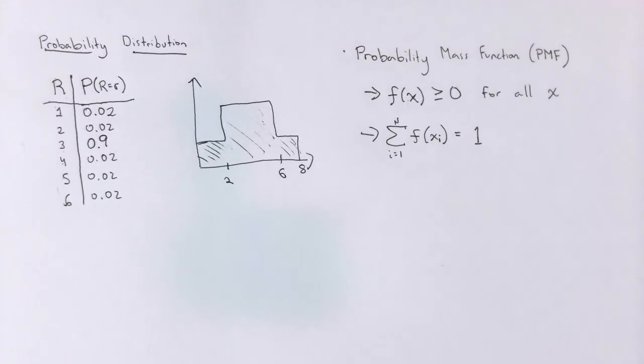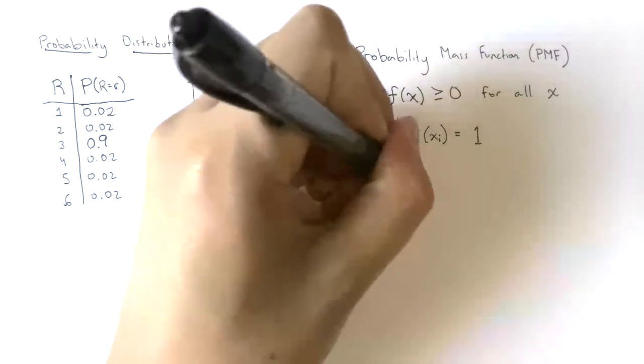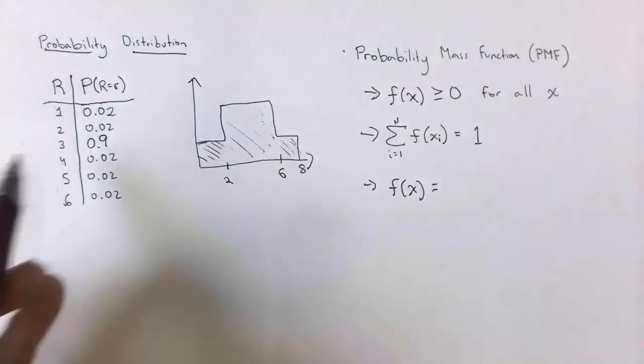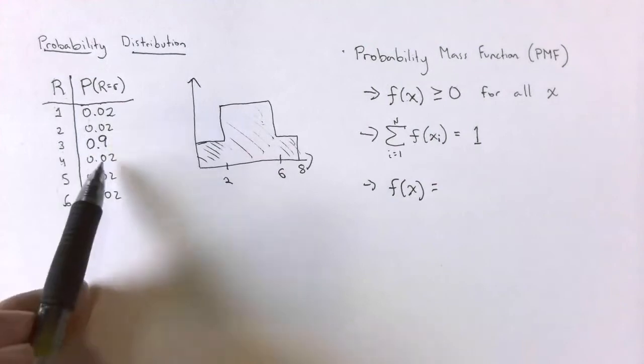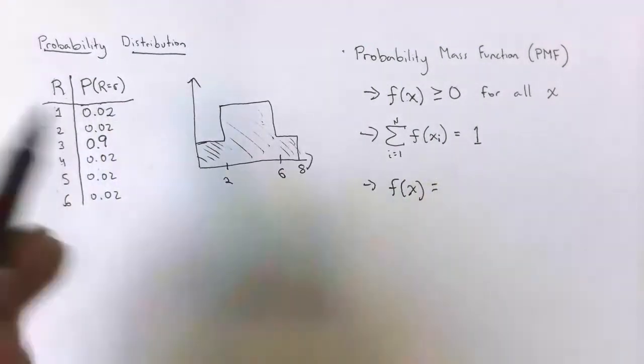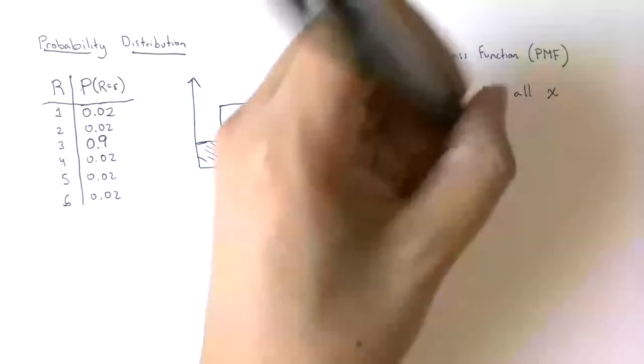If I were to look at jump height and I look at all the probabilities of all the outcomes of the ranges of outcomes and I add them up, that also gives me 1. Okay, so that's another property of a probability mass function. Then the final property is that the probability mass function, which is f of x, essentially all it spits out is this number. And because it spits out this number, it's saying that this function is giving me the probability that my random variable is equal to any individual outcome.